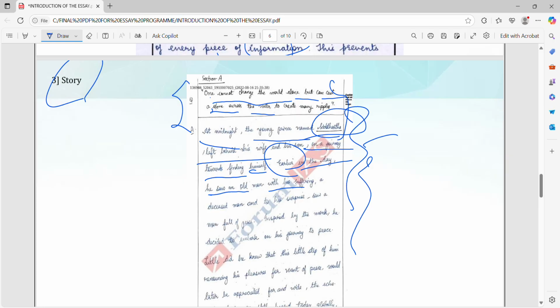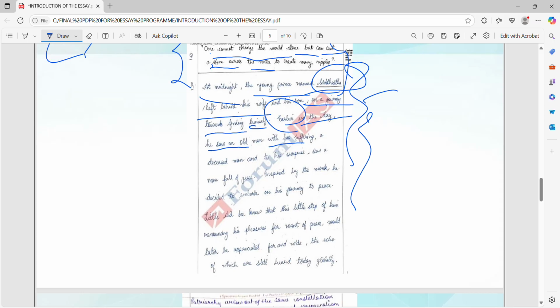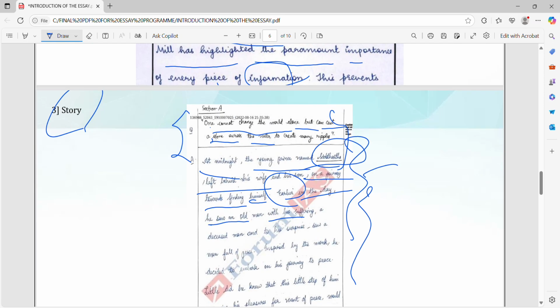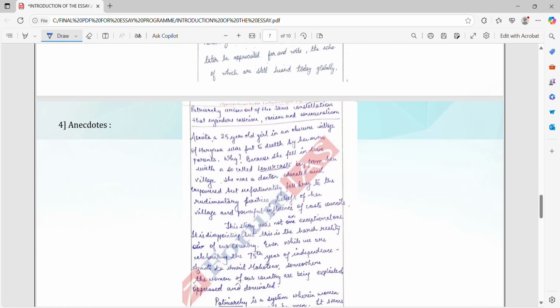So she has said that one man cannot change, but his idea or his one thought which remains on earth has changed the world, has given a different approach to the thinking of man. Okay, so that is the story, the anecdote.